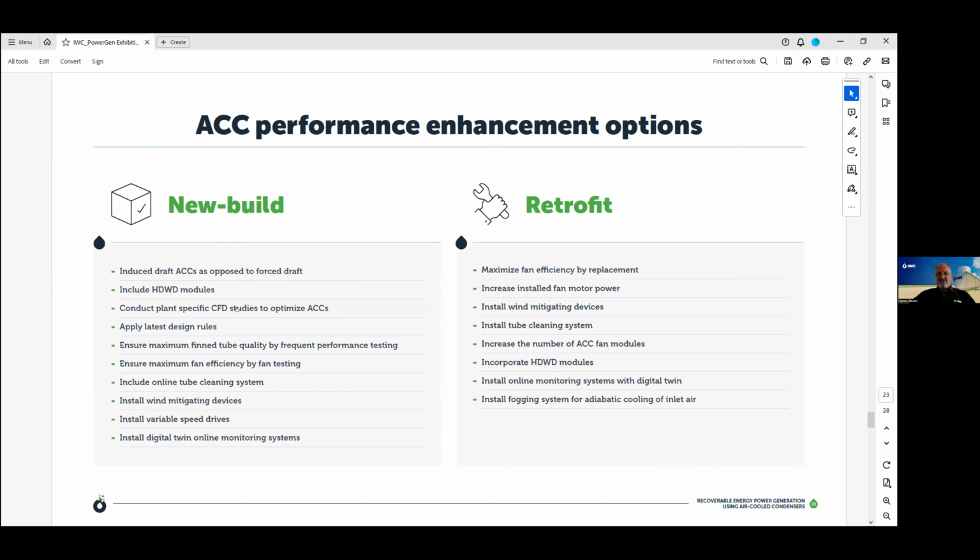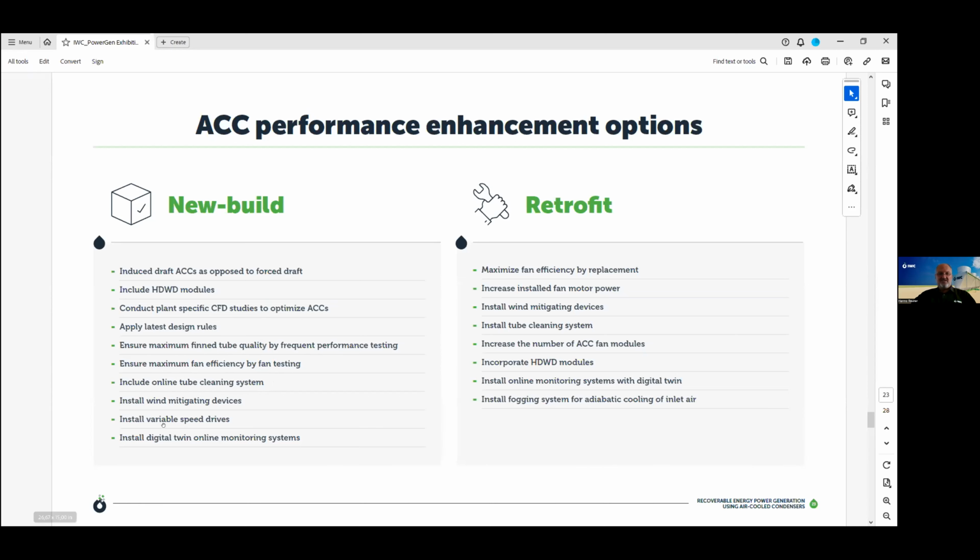Conduct plant-specific studies to improve the performance in general. Apply the latest design rules which we've developed by R&D. Ensure maximum fin tube quality by frequent testing at Stellenbosch University. Ensure maximum fan efficiency by fan testing and by designing fans optimally. Include online cleaning systems, which is a significant component to include.